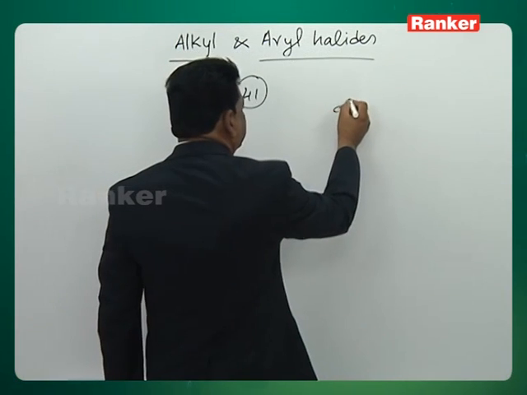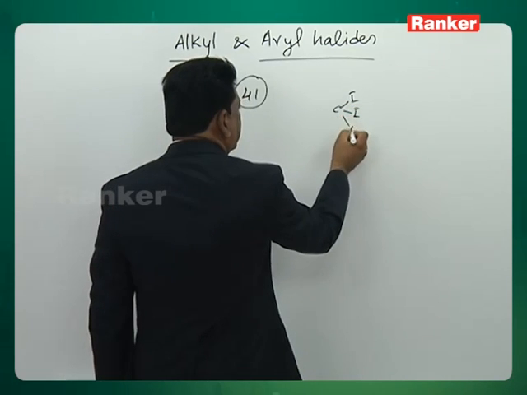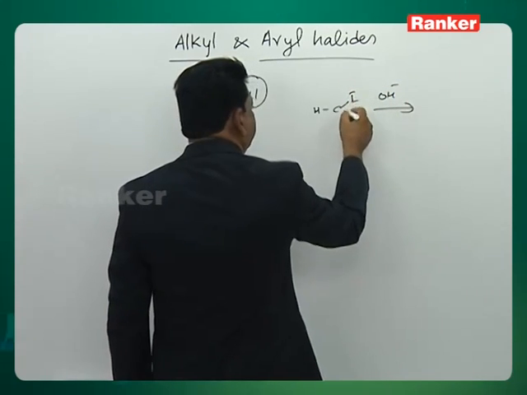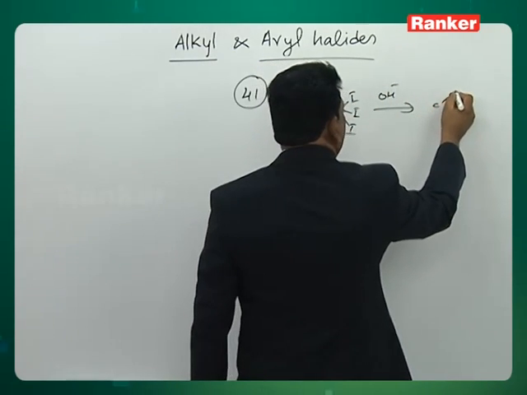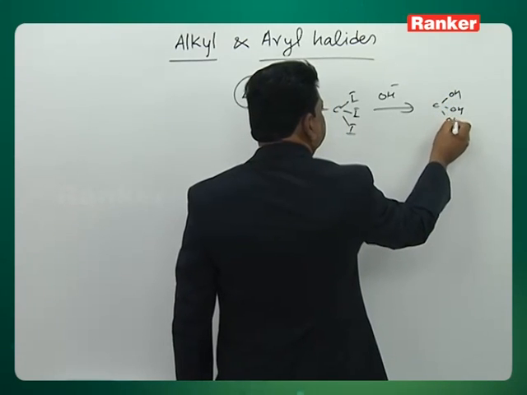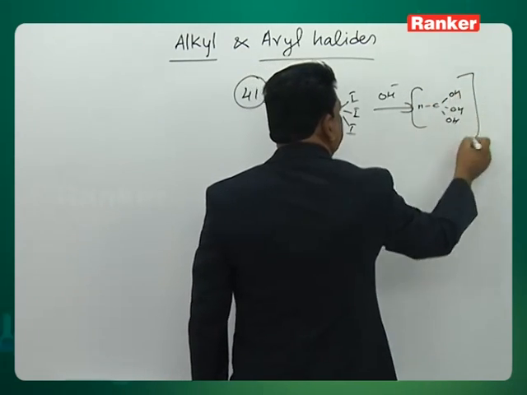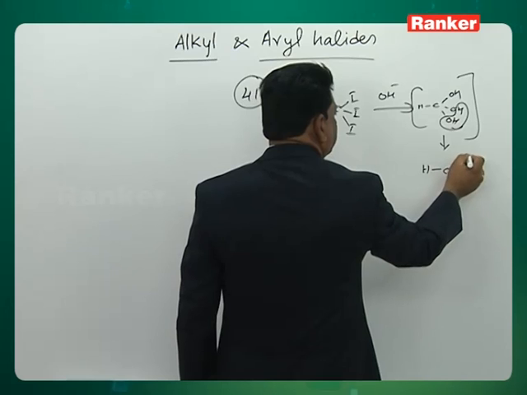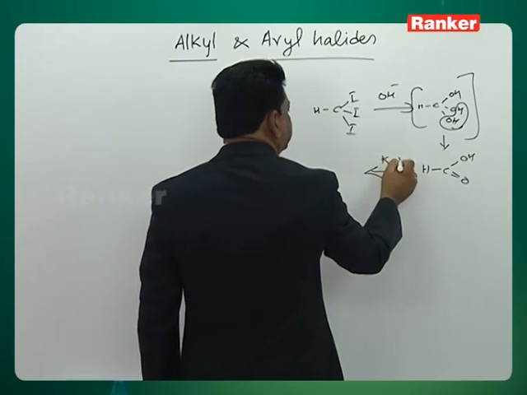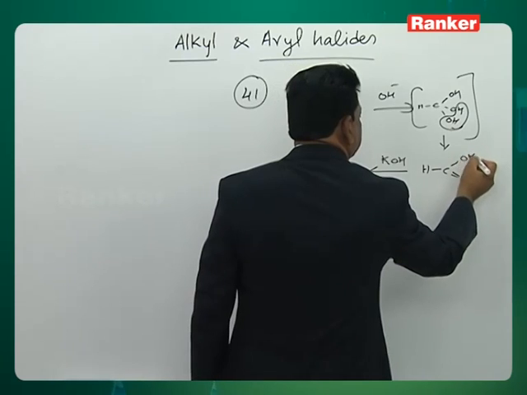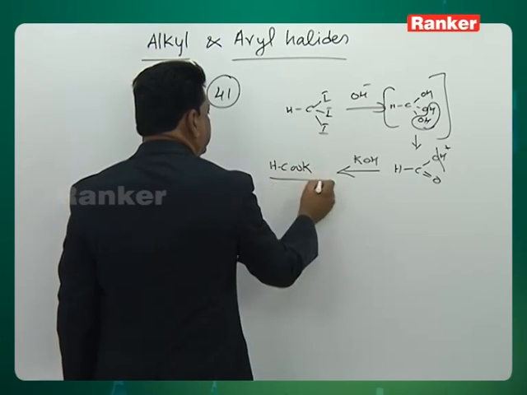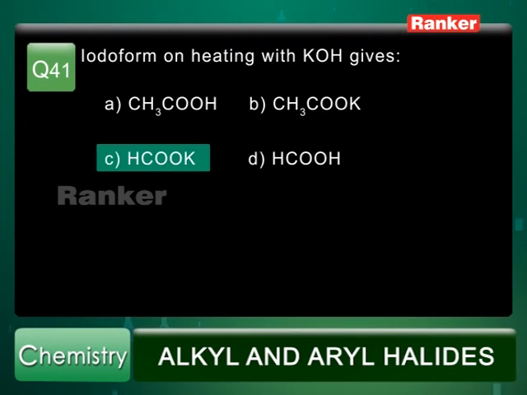Iodoform is nothing but methyl iodide containing three iodines, which on reaction with OH minus, all these halogens are replaced. As an intermediate you can show like this, three OHs will come, which eliminates a water molecule to give formic acid. Because potassium hydroxide is there, a neutralization takes place, H plus is removed and you will get HCOOK. So that is the right answer. Option C, potassium formate, is the answer.